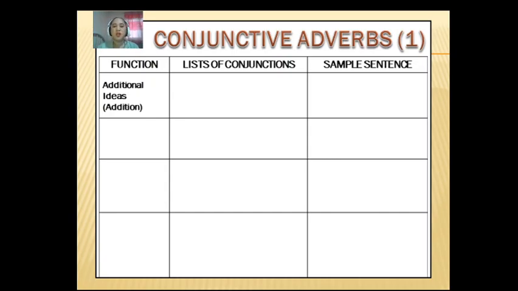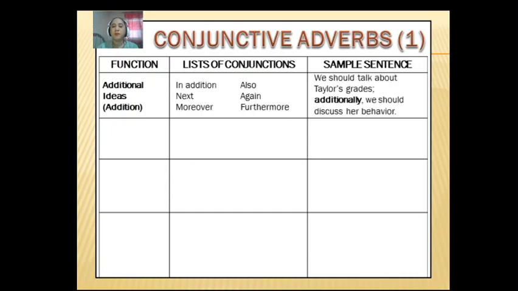Examples of conjunctions that give additional ideas are in addition, next, moreover, also, again, and furthermore. We should talk about Taylor's grade. Additionally, we should discuss her behavior. So aside from talking about her grade, they are also going to discuss her behavior.